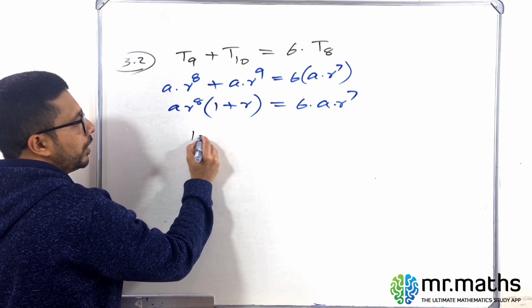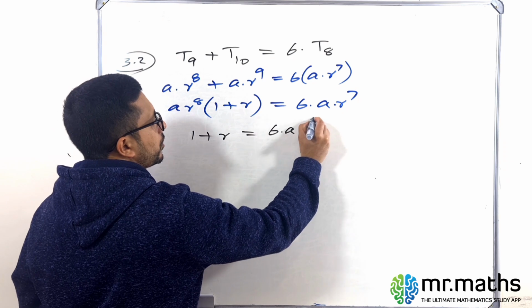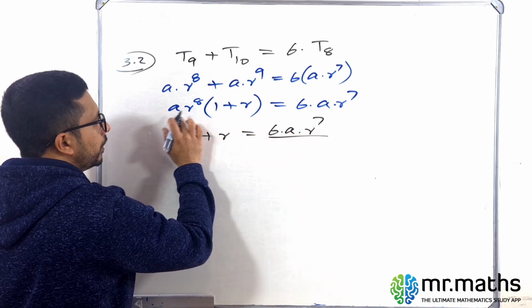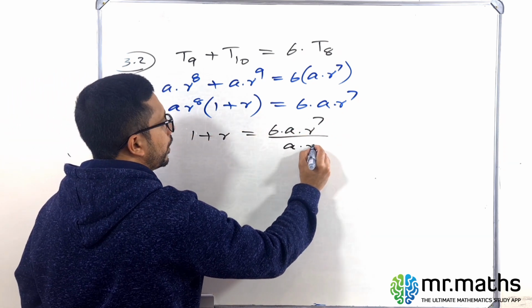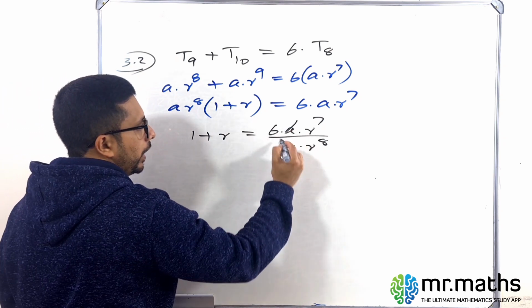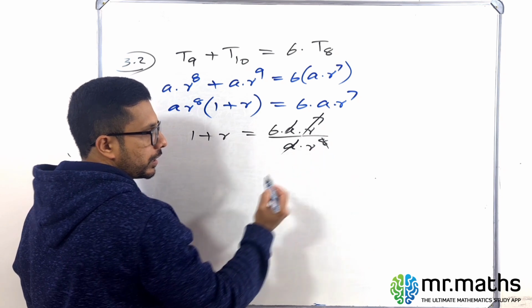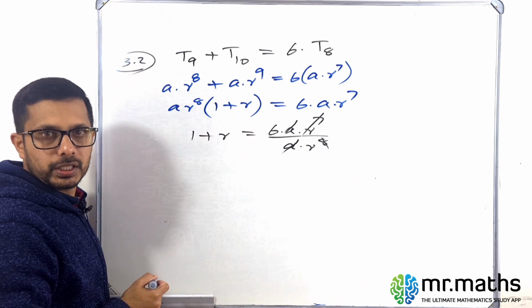So what is remaining? 1 plus r is equal to 6a r raised to 7 divided by a r raised to 8. Okay, so here a cancels, r raised to 7 cancels, so only r is left there. Am I right?